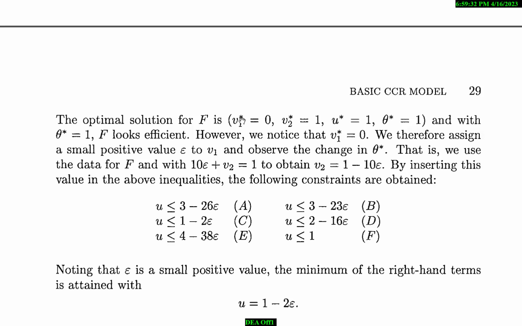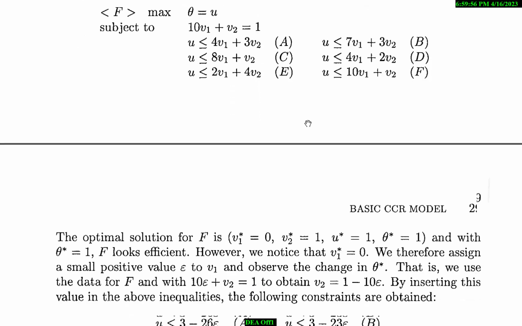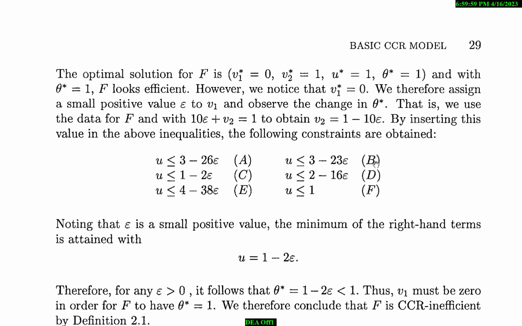If we put epsilon instead of V1 in the model, from the first constraint we have V2 equal to 1 minus 10 epsilon, and by putting these values into the constraints, we have this, which means u is less than or equal to 3 minus 26 epsilon, and so on.